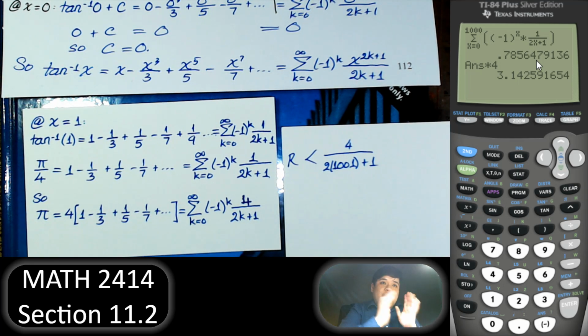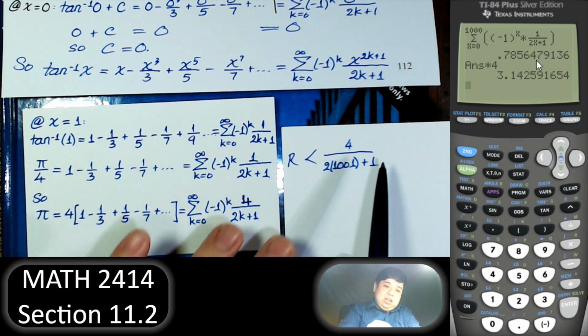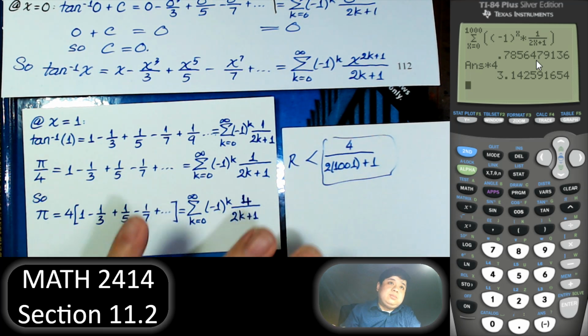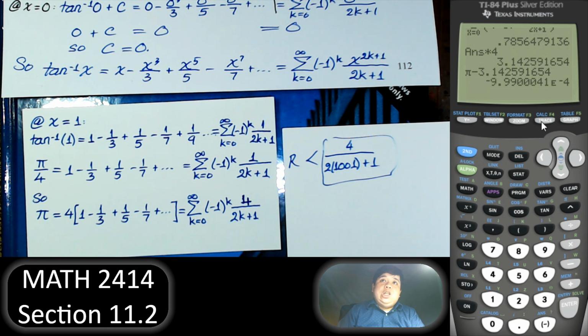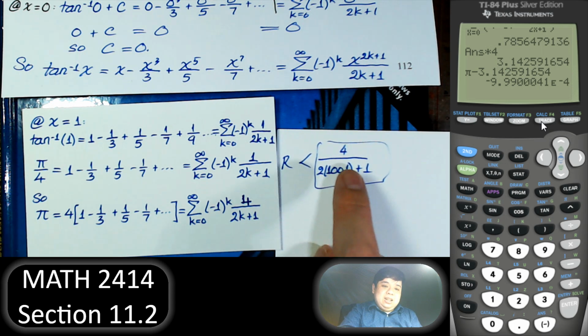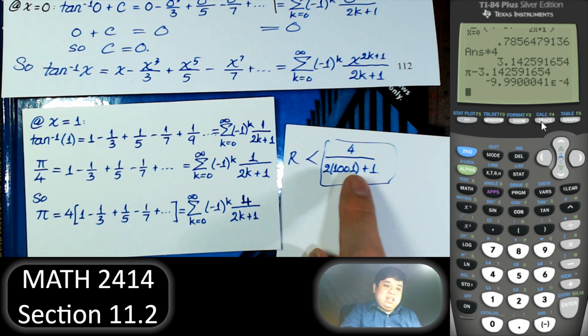So the actual value of pi, that is going to be less than the n plus first term. If we take the actual value for pi minus this, it is off by that much, of course. The remainder is going to be less than that.